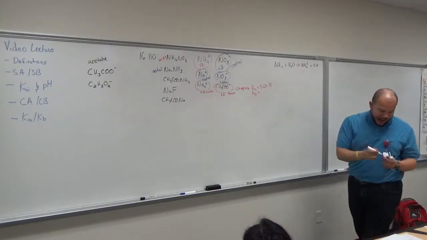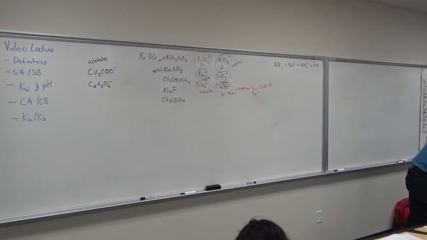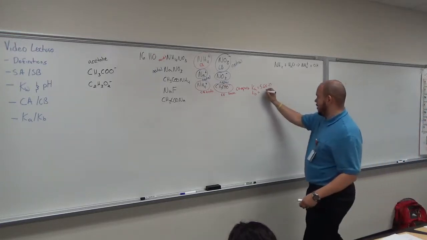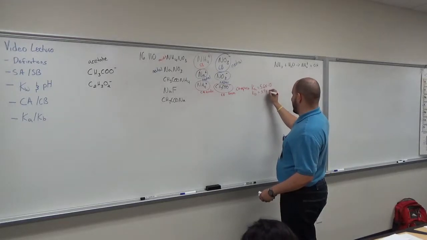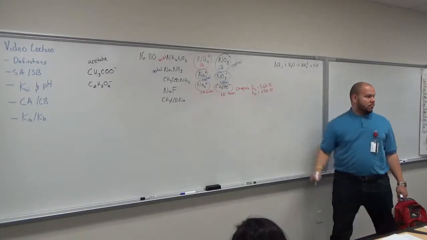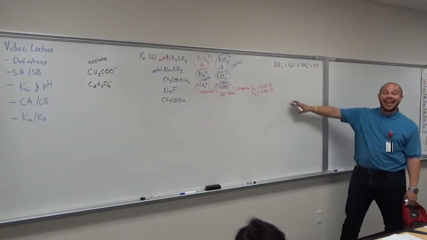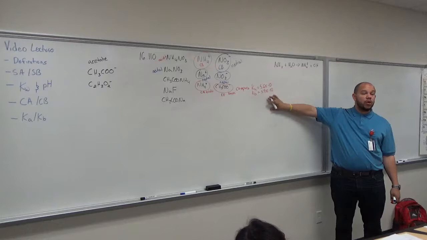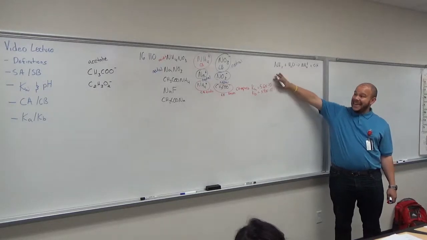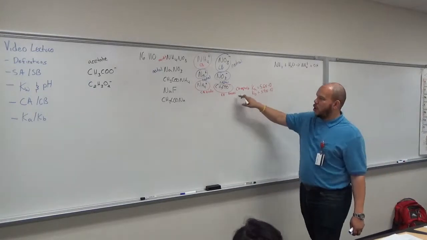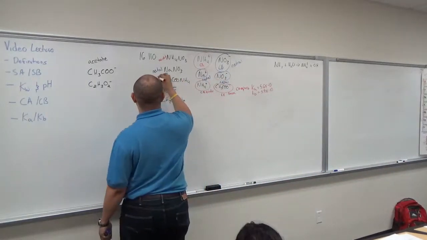And Kb for acetate is 1e to the negative 14 divided by the Ka of acetic acid, 1.7e to the negative 5, which gives 5.9e to the negative 10. So, from a magnitude perspective, acetate is a stronger base than ammonium is an acid, therefore, we should expect this to be basic.